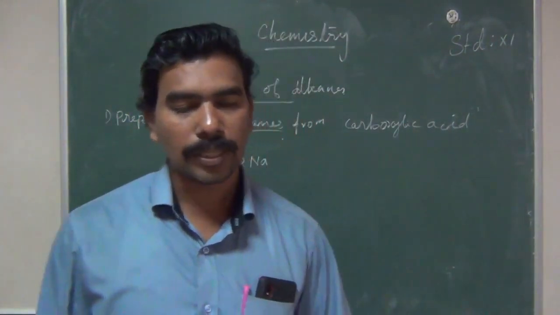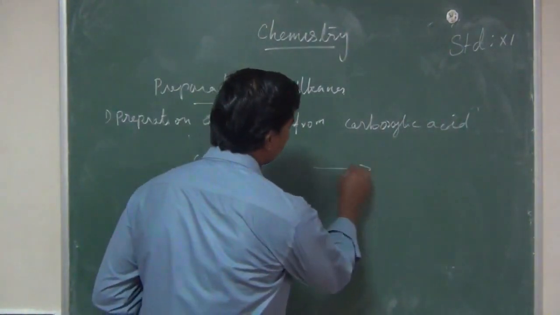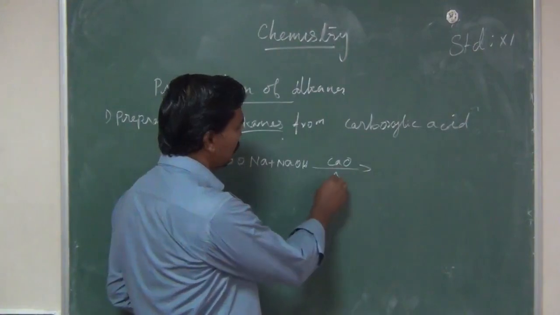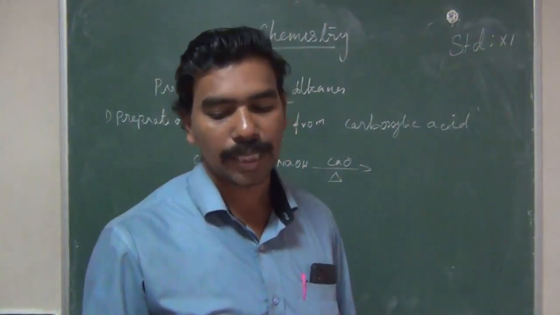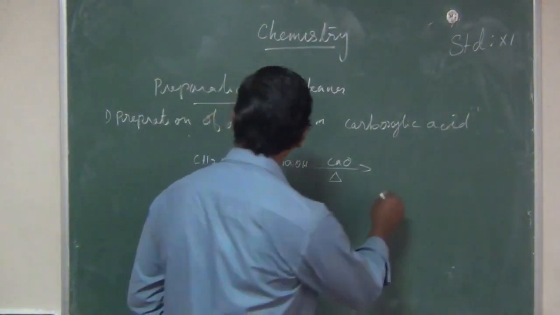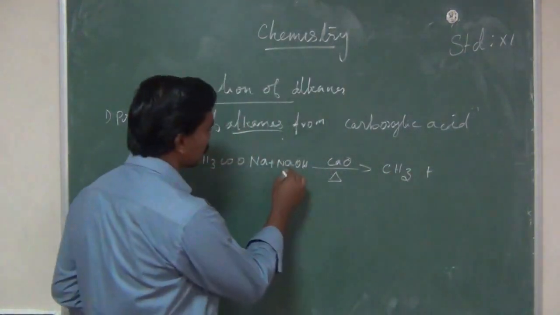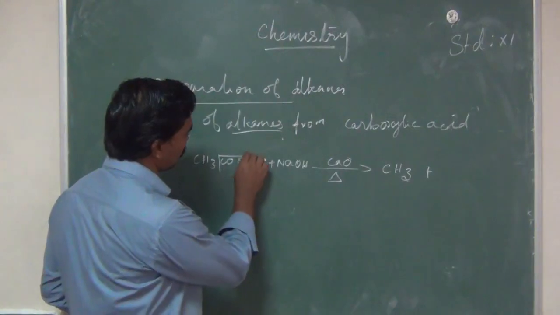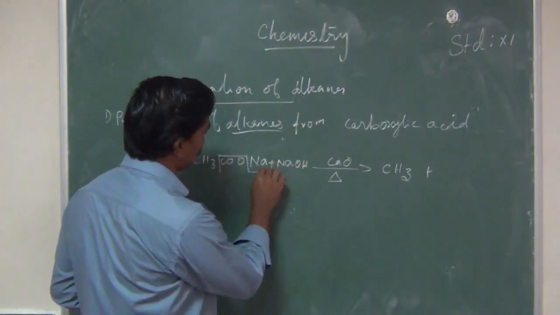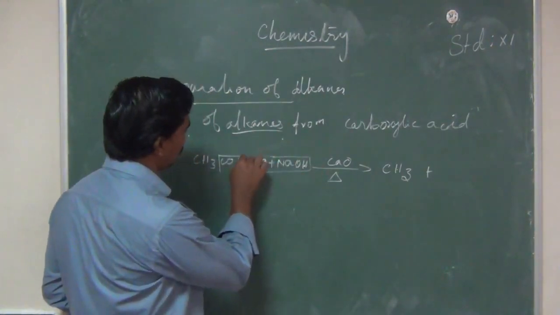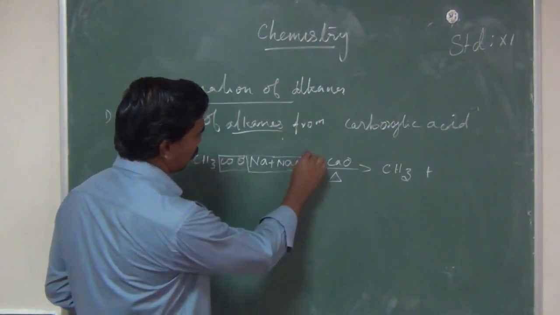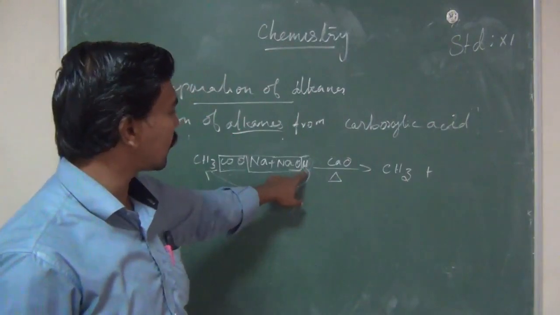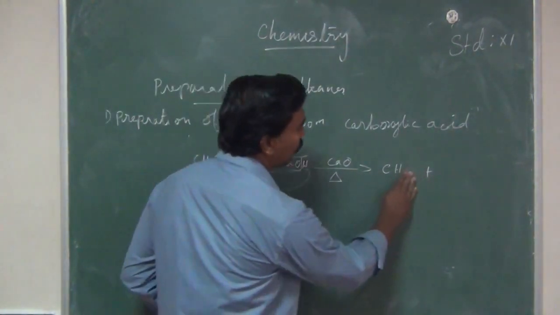Okay, the sodium acetate with calcium oxide and sodium hydroxide, when it is heated, produces methane. The hydrogen from the sodium hydroxide will come to the methyl group to form methane, CH4.